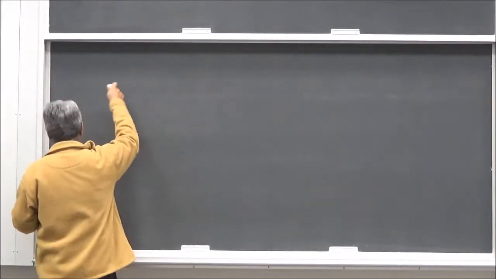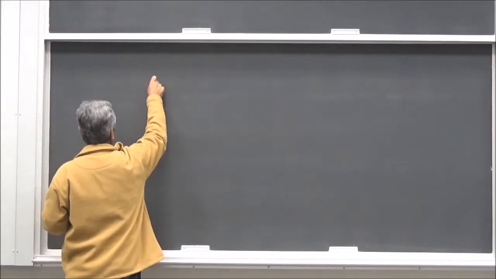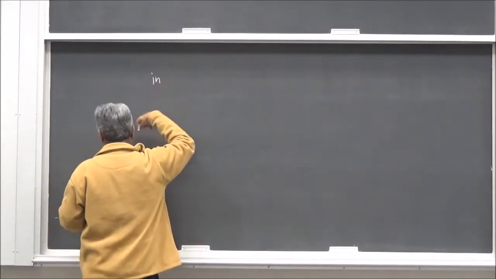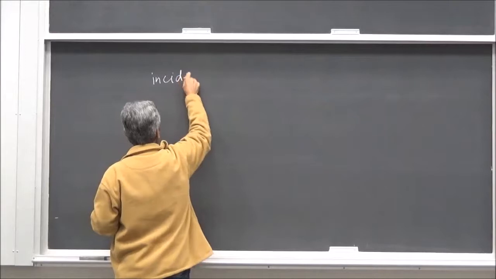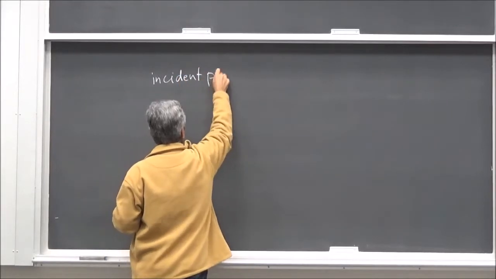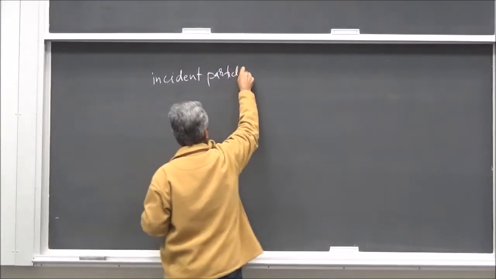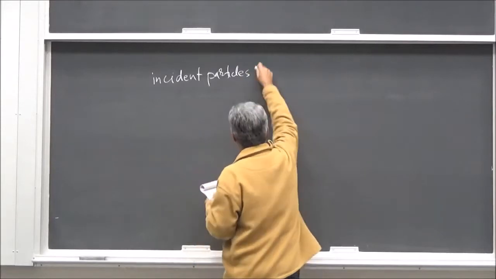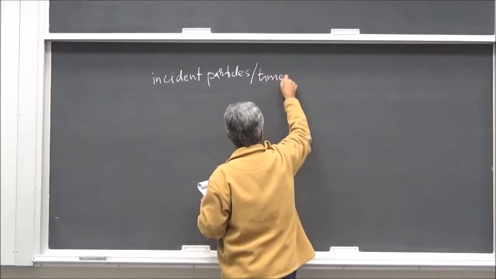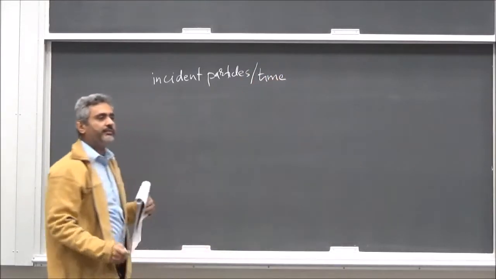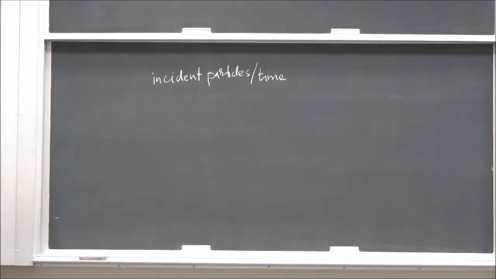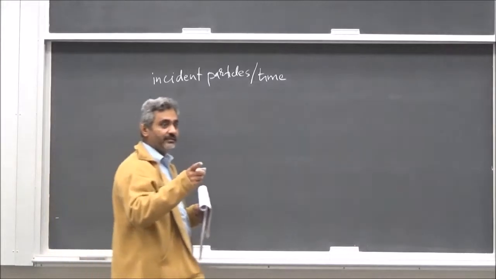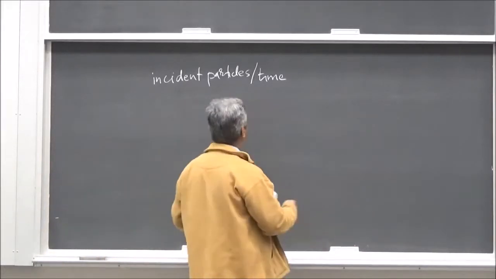Well, there is this thing which is called the intensity. This is the number of incident particles per unit time. अच्छा, number of incident particles per unit time क्या होगा? Flux नहीं होता, क्योंकि flux में unit area भी आता है, right?